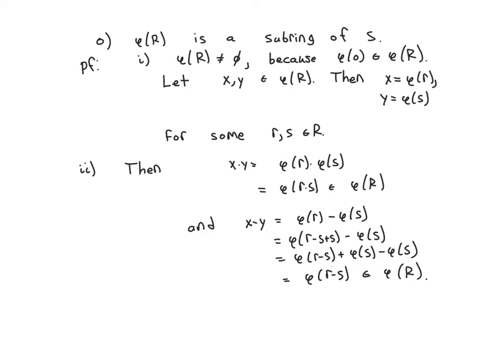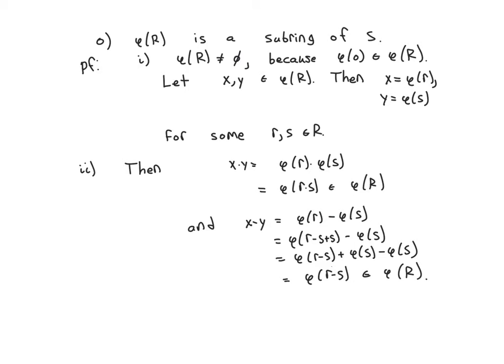Oddly enough, it turns out subtraction is a little more complicated. There was an alternative way to do it. An alternative way would be to show you're closed under negation and addition separately, which is actually a little easier, but here's the underhanded trick to get them both at once. x minus y is equal to phi of r minus phi of s. I want to be able to use the additive ring homomorphism property.